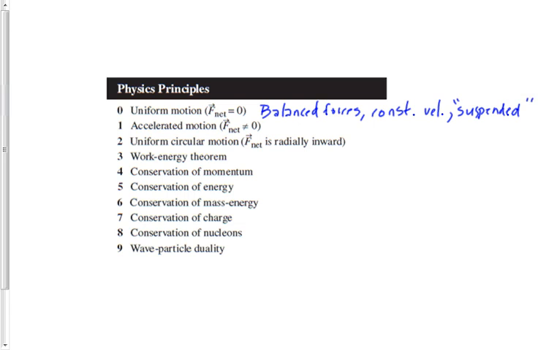Another situation might be the cathode ray tube in the velocity selection chamber where the charged particle, the electron, goes straight through undeflected. The forces are balanced. Anytime an object is moving at a constant speed or a constant velocity, it's suspended, balanced forces, anything like that, there's forces acting, but it's not accelerating, then you're going to use principle 0.